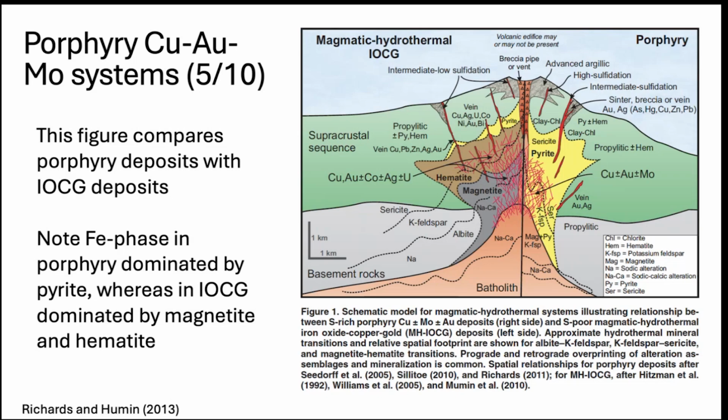On the right-hand side of the diagram, we have the alteration and mineralization styles of a typical porphyry system. And on the left-hand side, we have the typical IOCG. The big difference is that on the left we've got hematite and magnetite, so iron oxide-rich parts, whereas on the right the porphyry copper is dominated by pyrite and chalcopyrite. So lots of sulfides.